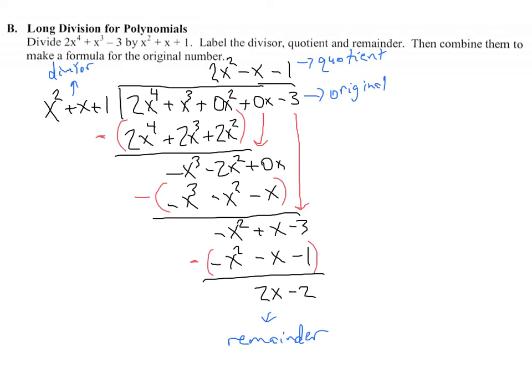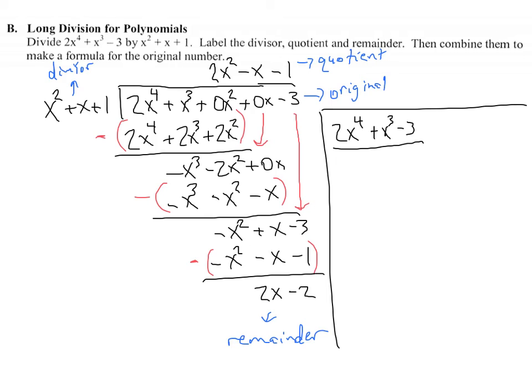The first thing we wrote down for the first grade example, we took the original and just divided it by the divisor. I'll separate this a little bit. We said that 2x to the fourth plus x cubed minus 3, so that was the original, divided by x squared plus x plus 1.